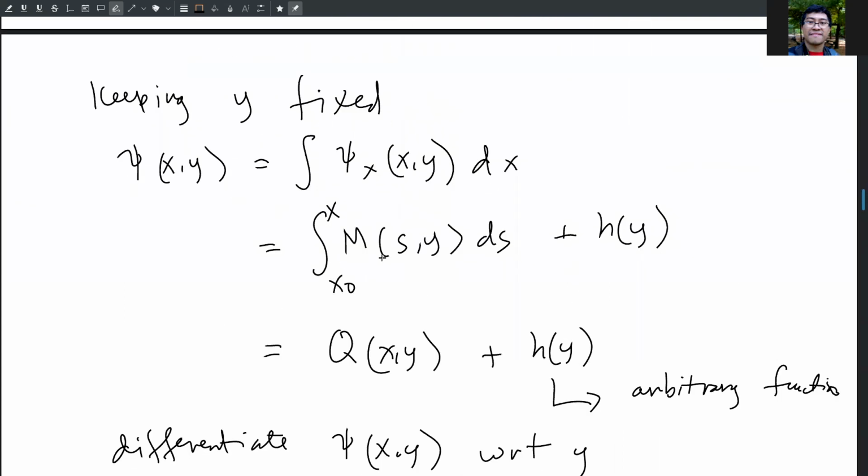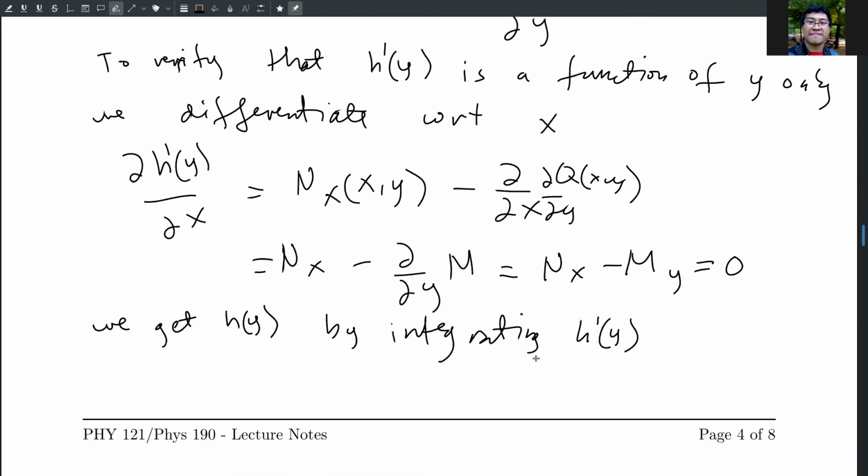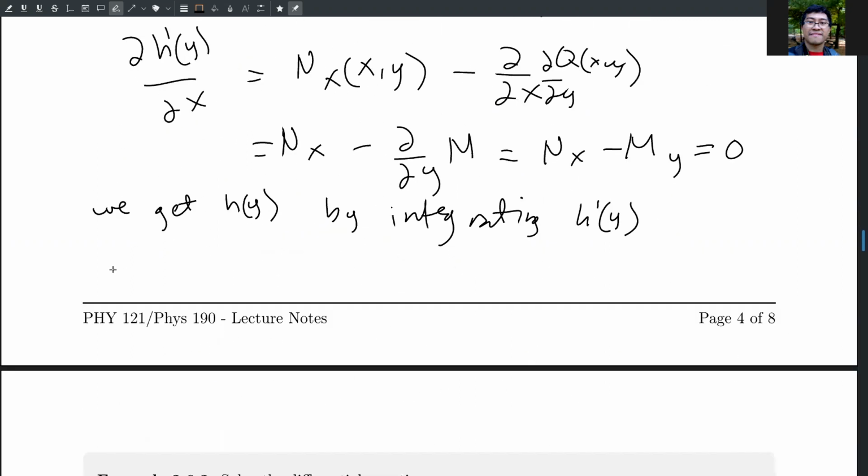After integrating m and integrating h prime of y, we get a value of psi. So there exists a psi that can be solved exactly. And that completes our proof. You can find a psi that satisfies those conditions.